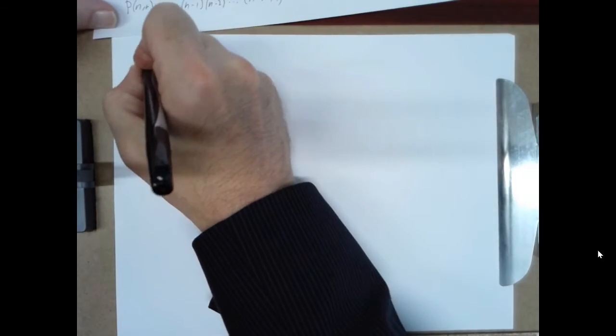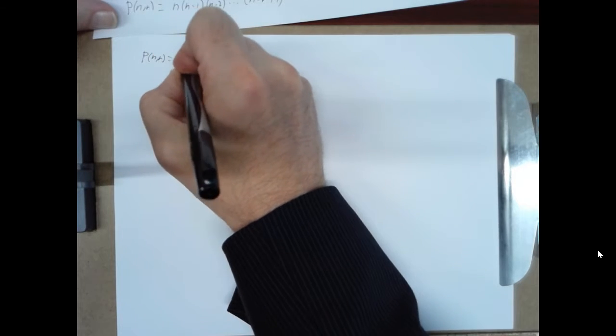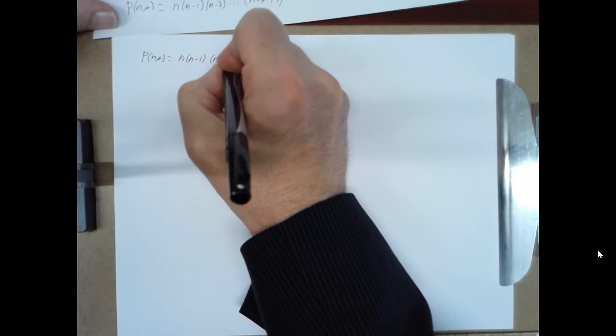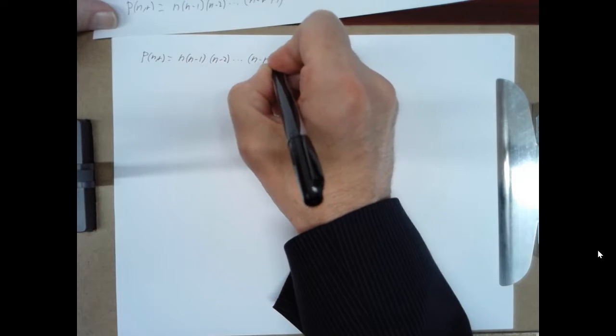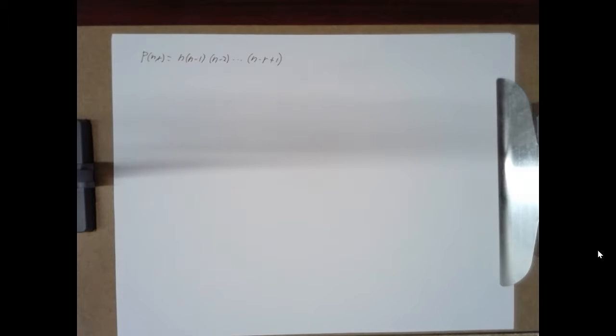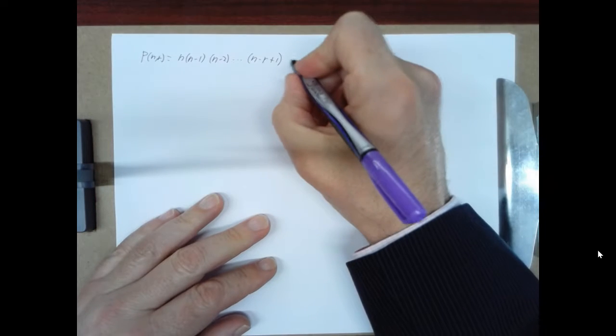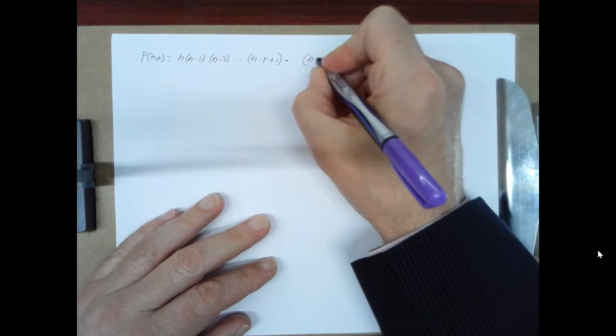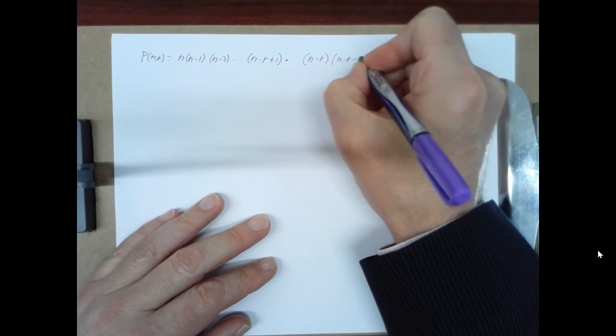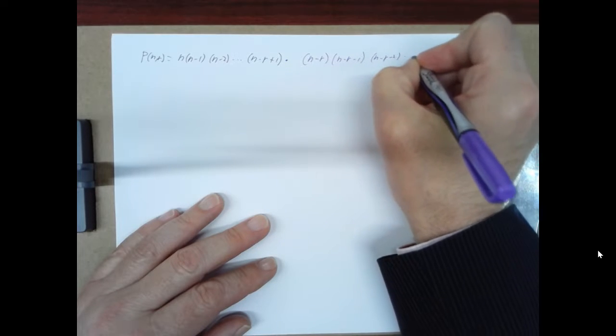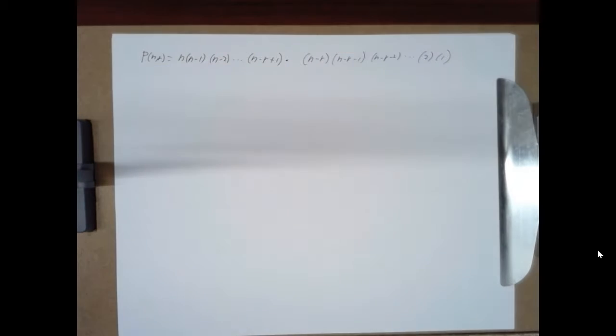All right, well, let's rewrite that. I'm going to keep multiplying by smaller and smaller numbers until we get down to the number 1.